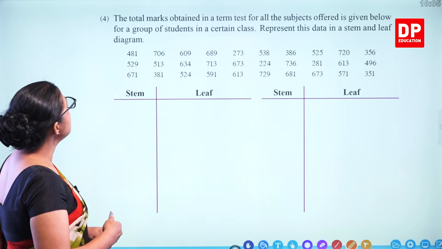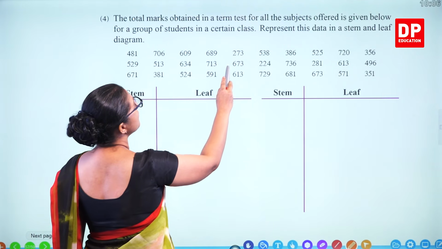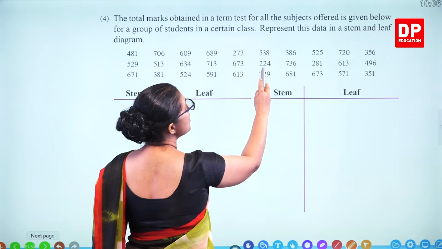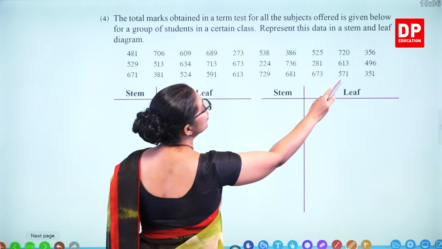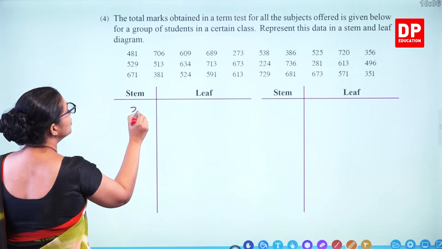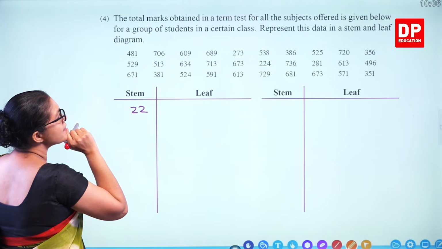So 48 is there, 38, 27 is there, 22. So 22 is the lowest one. What's the highest value?